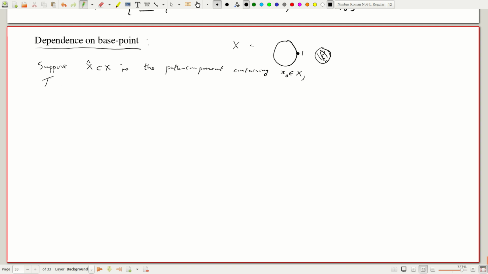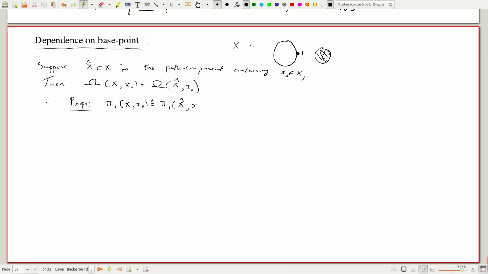Then it's quite easy to see that omega of x, x0 is just omega of x hat, x0. One way, of course, anything here is included here, but any path at x0, all the points are contained in this path component. Therefore, we have the following proposition, which is that pi1 of x, x0 is isomorphic to pi1 of x hat, x0.